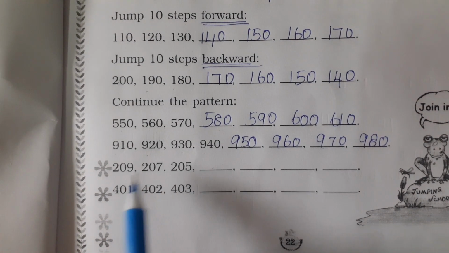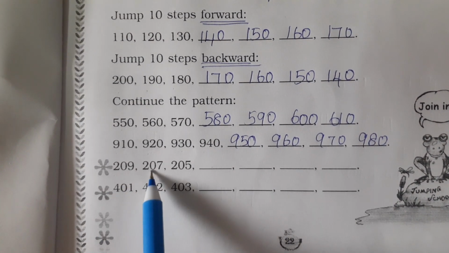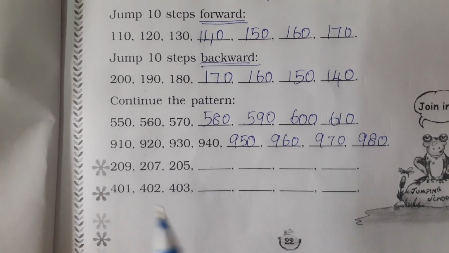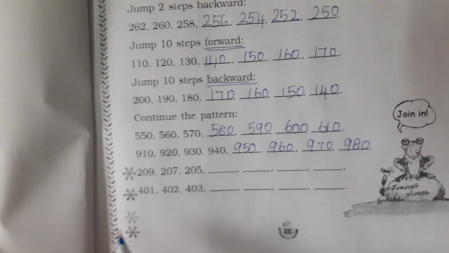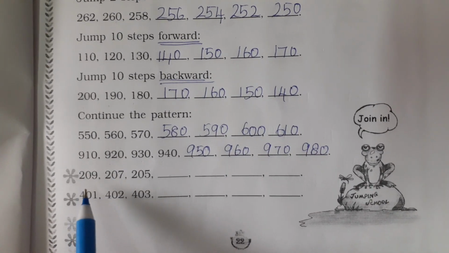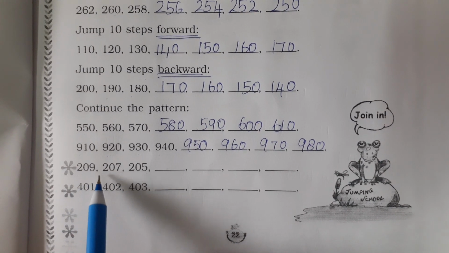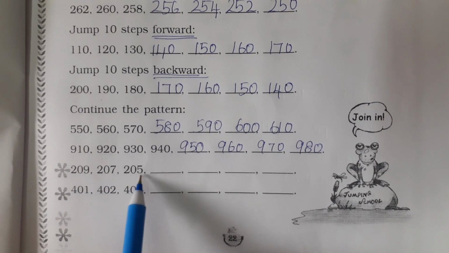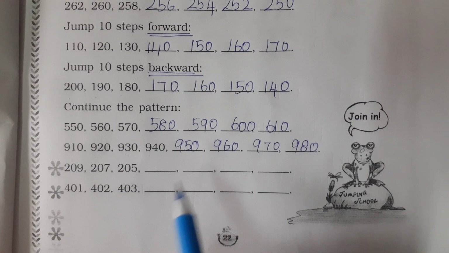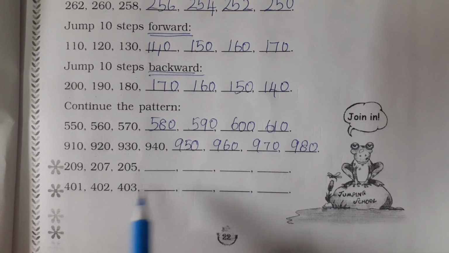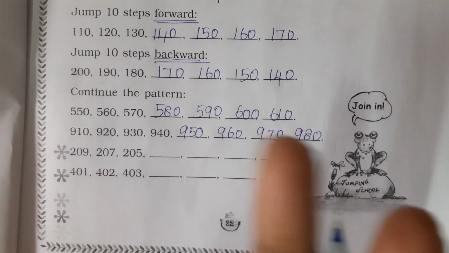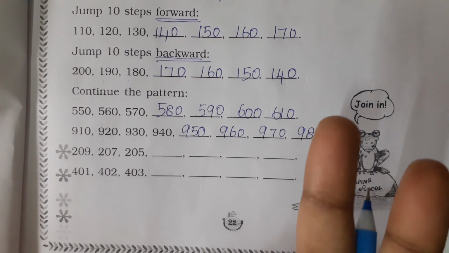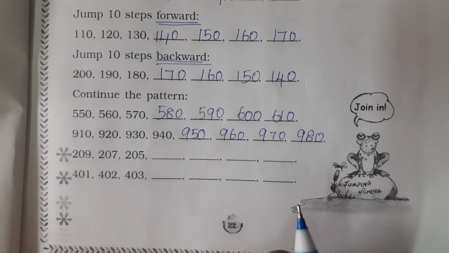Now moving on to this. 209, 207, 205. What is this? Check what they have given. Is this forward or backward? Yes, this is backward. How much have they subtracted? 2. So we'll continue this pattern. 205 minus 2 is, you can keep two fingers if you feel difficult, 204, 203.